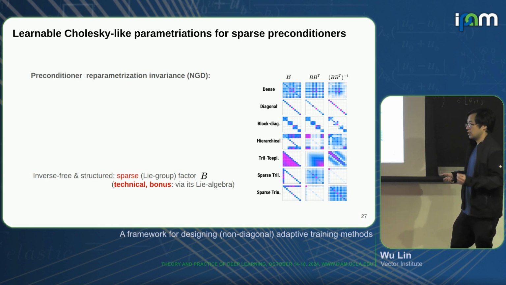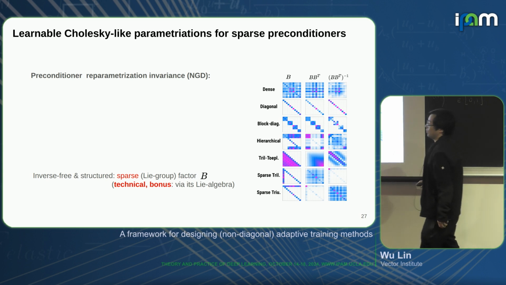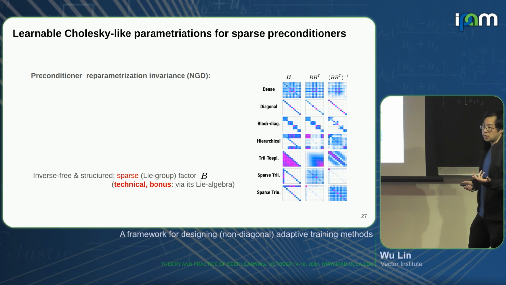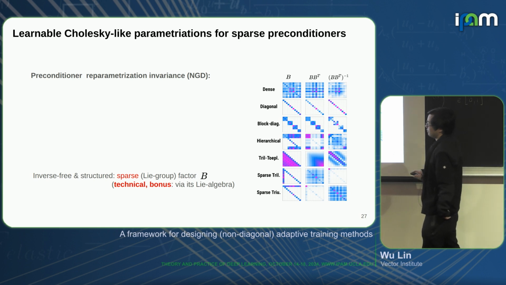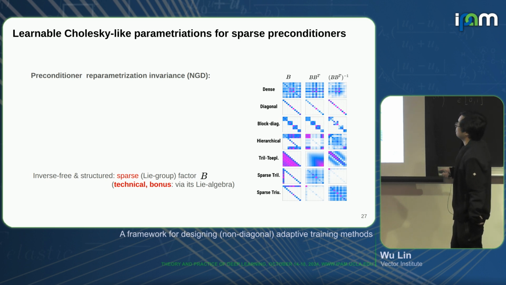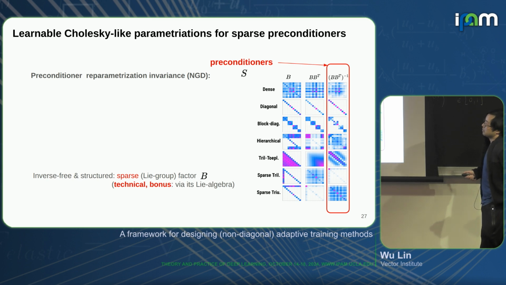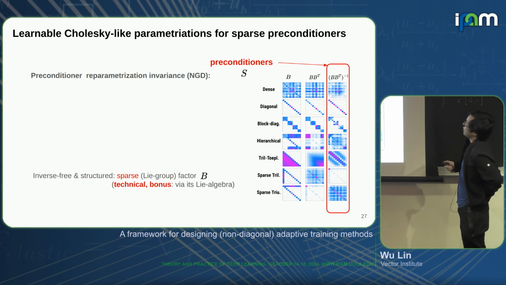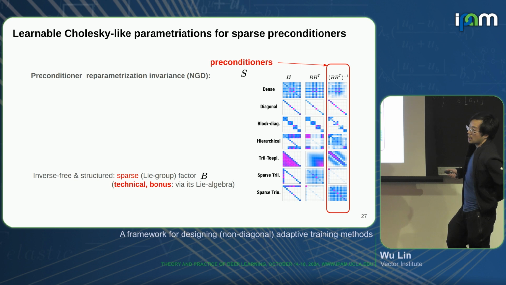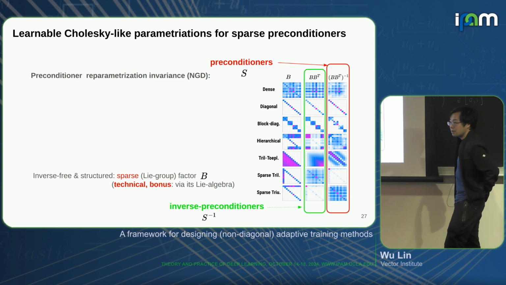This immediately tells us that it is a general linear group, which is a matrix Lie group. So we can construct structures by using its Lie algebra. If we have time, we'll talk about the technical details of how we can construct this map. By using a sparse matrix B, we can impose structures in the preconditioner. I can also impose structures in the inverse preconditioner.